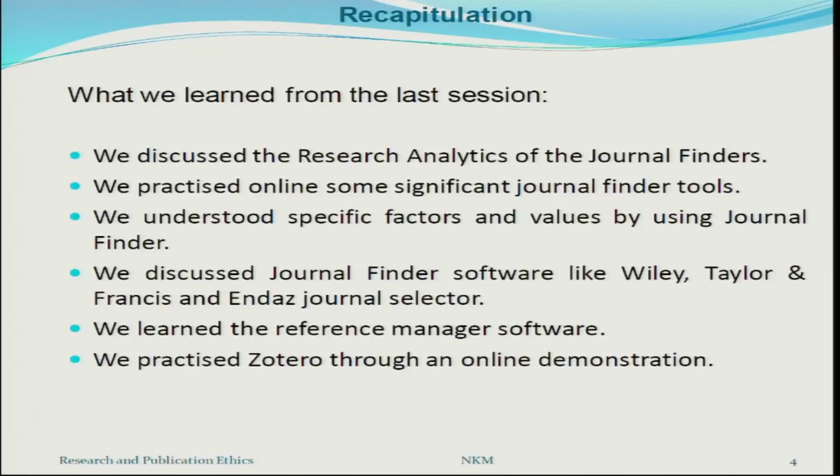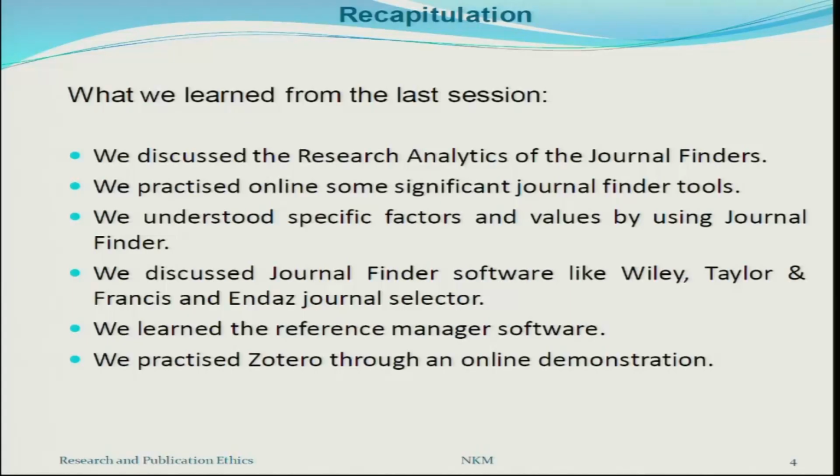They also give you different analytics to decide what kind of journal quality you require, what impact factor you require, what indexing you require, and what your manuscript turnaround time is. So you want to publish your publication in a given period. These journal finders provide all these facilities. So we understood all these ideas.